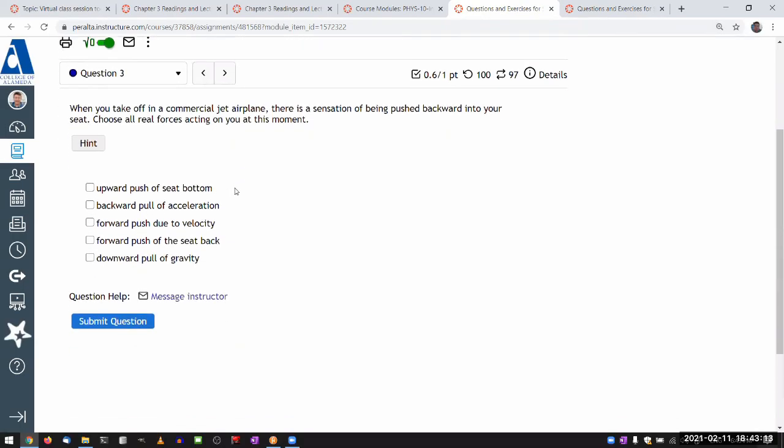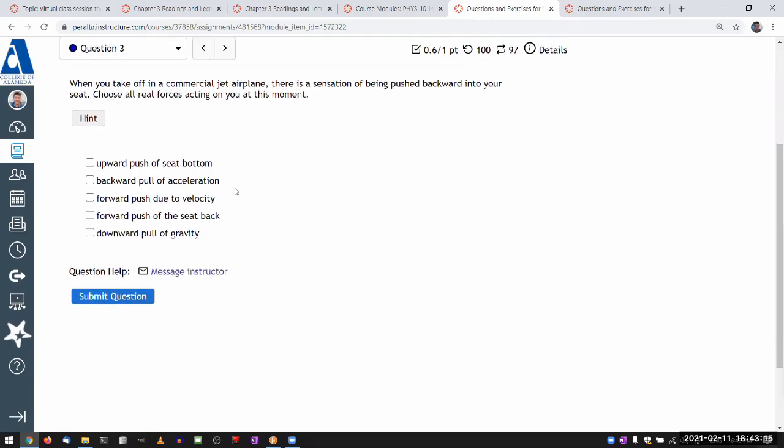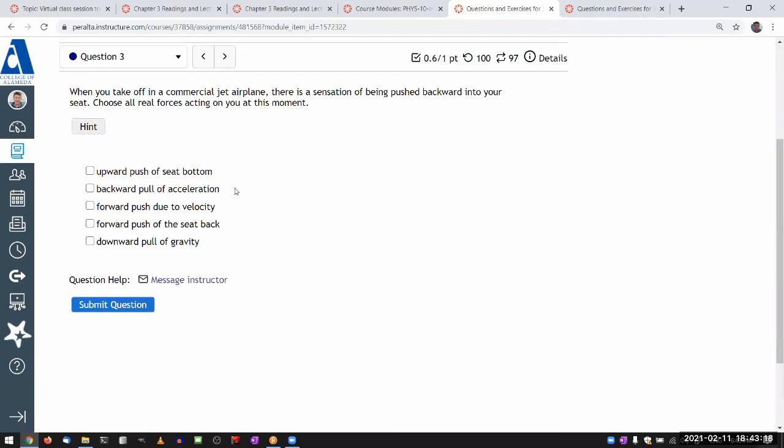So this is the question, and I think this is one of those scenarios where people have certain intuitions that you build up over time, and the way we describe forces in chapter 3 using Newton's laws is not quite the same as how you are used to describing forces in your everyday life.